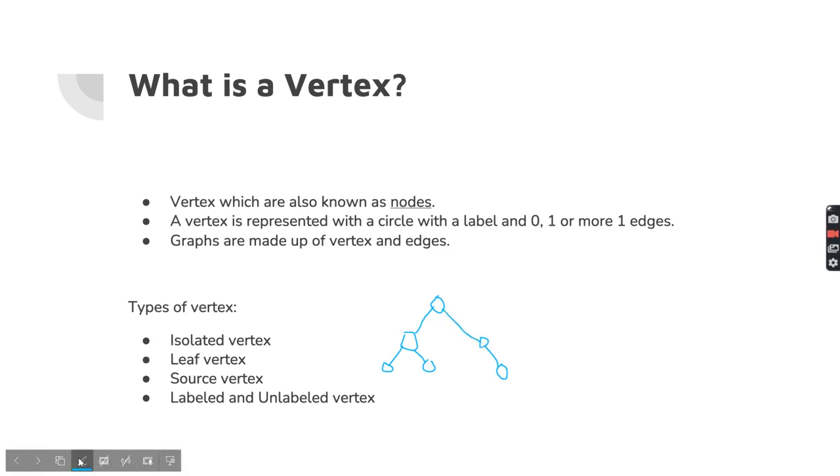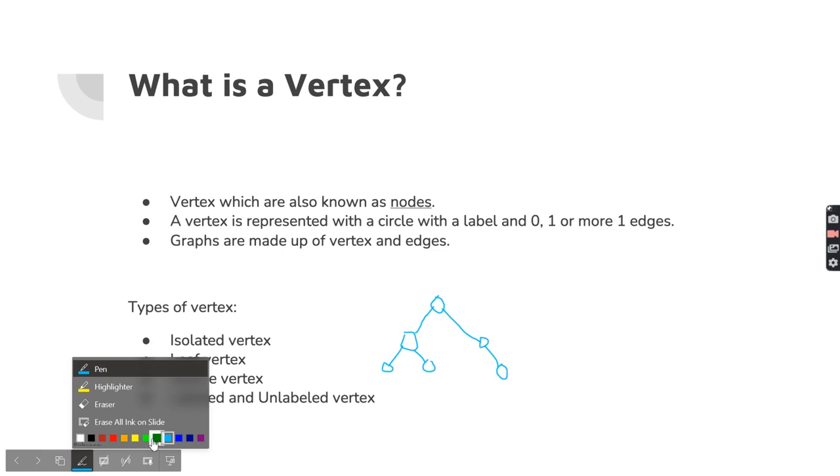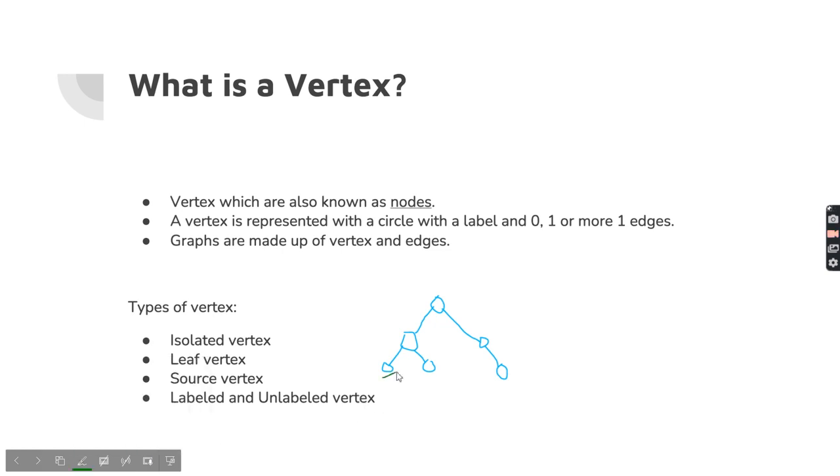In this diagram the examples are this, this, and this vertex, and these three vertex are leaf vertex of this whole graph.